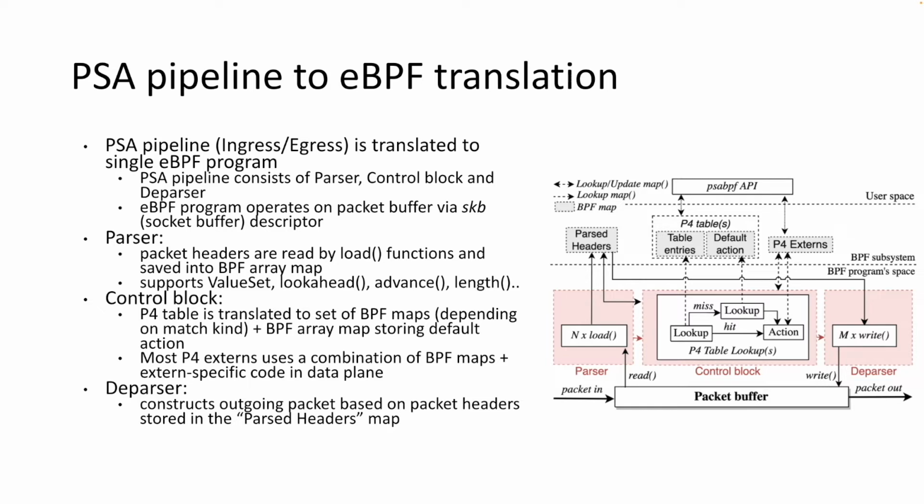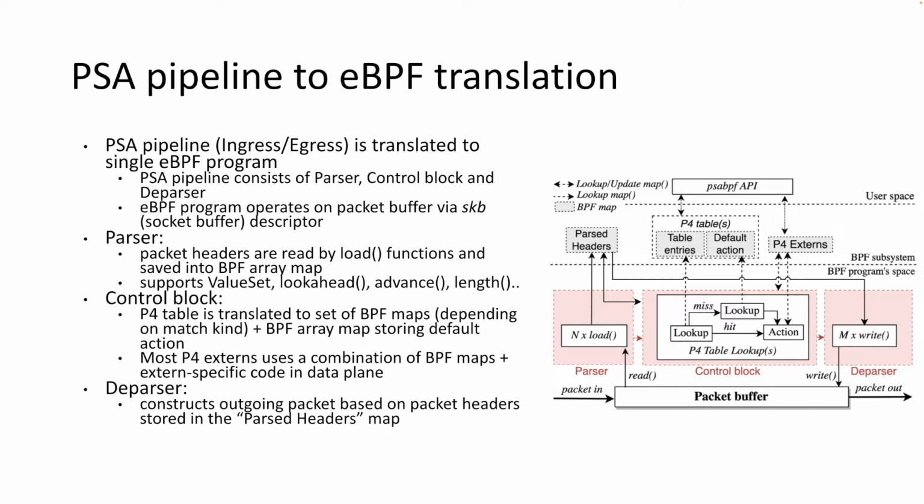The control block is translated to a set of eBPF instructions implementing the control flow, most likely based on the P4 match action tables. Each P4 table is translated into one or more BPF maps, depending on the match kind, and also one additional BPF array map, which stores a single element, the default action.